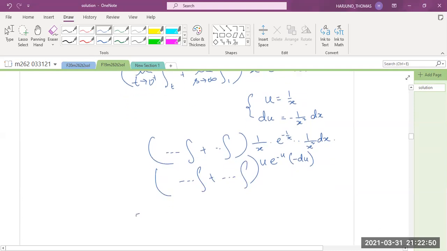And then you separate them. Or you can integrate first using integration by parts. That's also okay. And then you split the limit. That's also fine.